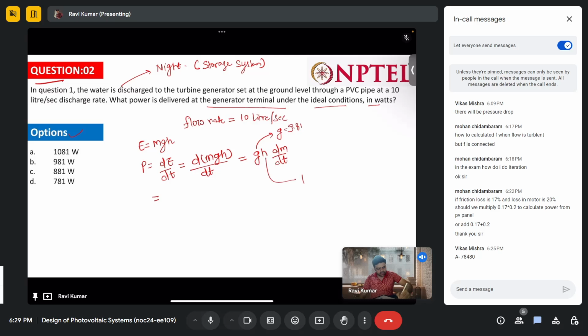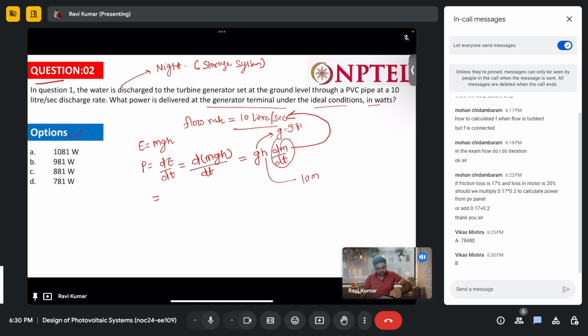This h is given as 10 meter, and this dm by dt is the flow rate, that is 10 liter per second. So we will get 9.81 into 10 into 10. How much? B. 981 watt. Yes, B. The correct answer is B.